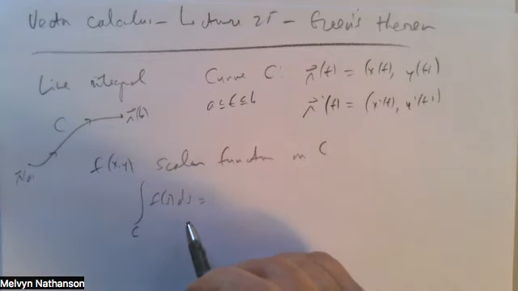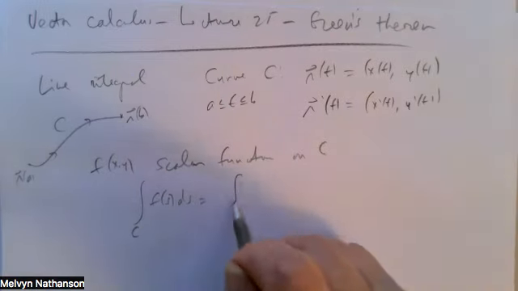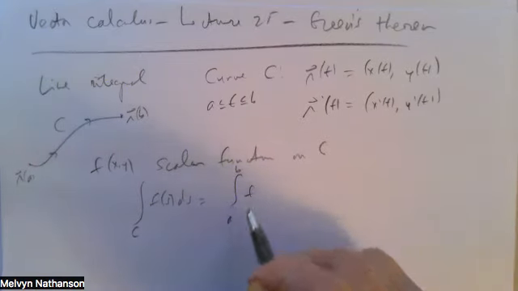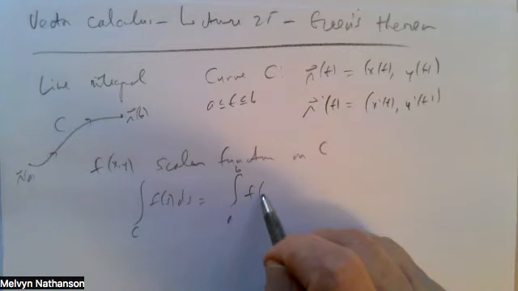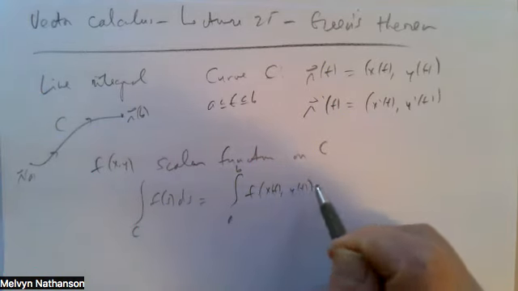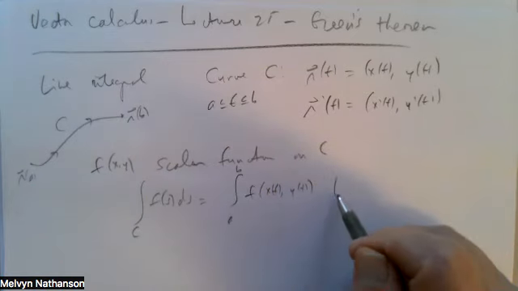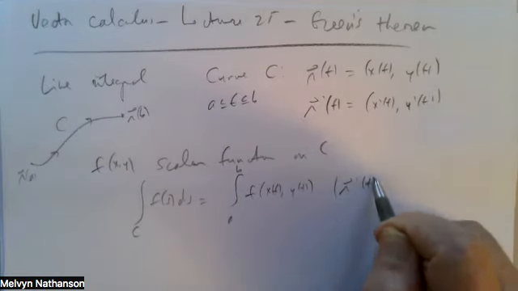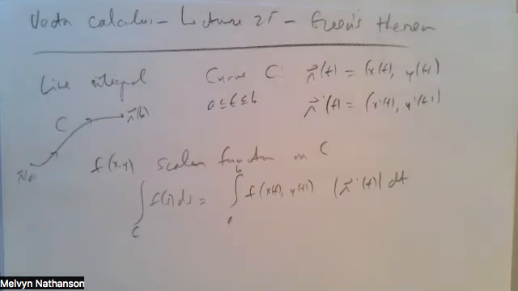In terms of the simplest formula for calculating this, this is the integral from A to B of f. So f is a function of two variables that are along the curve. You're looking at points x of t, y of t, times the length of the tangent vector r prime of t dt.